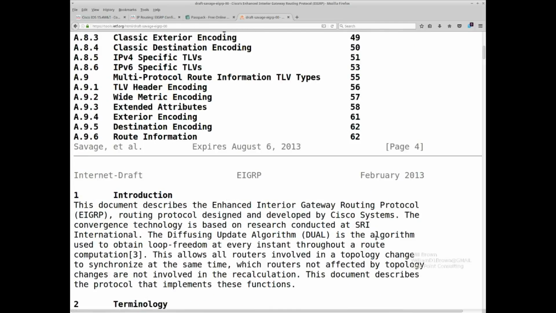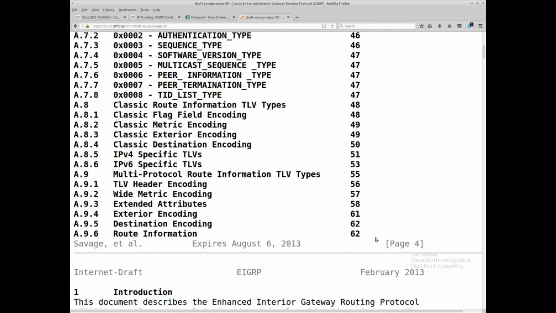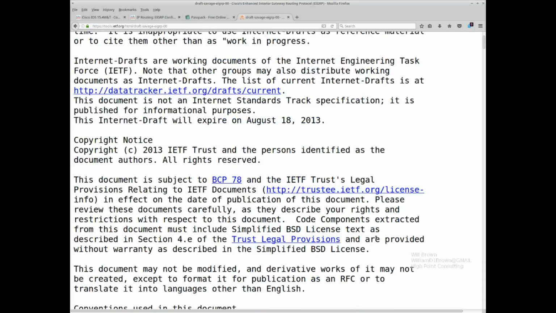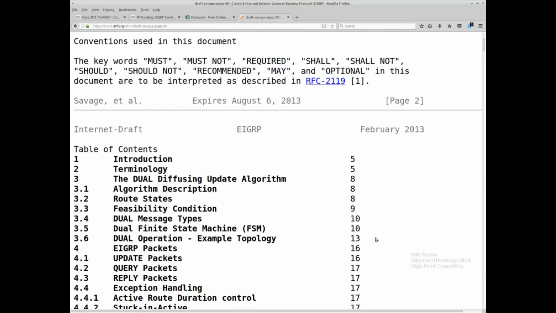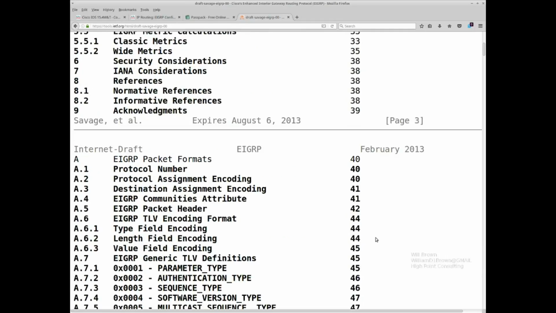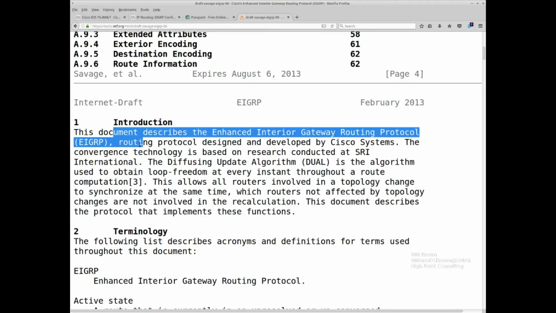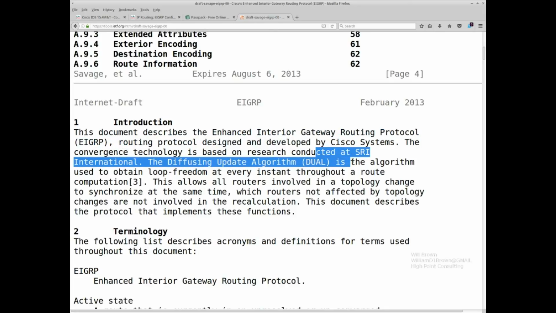There's an element of EIGRP that's now been made open source. It's not an RFC, it's a draft. Okay, here's the document describing EIGRP. SRI International did the testing.